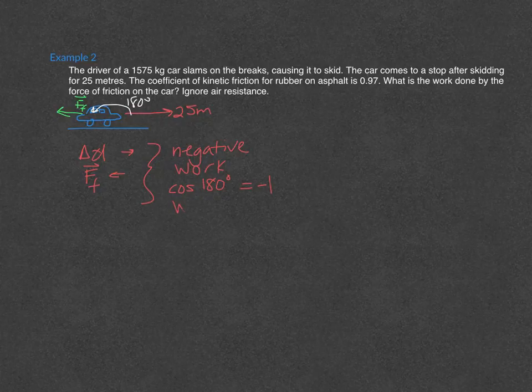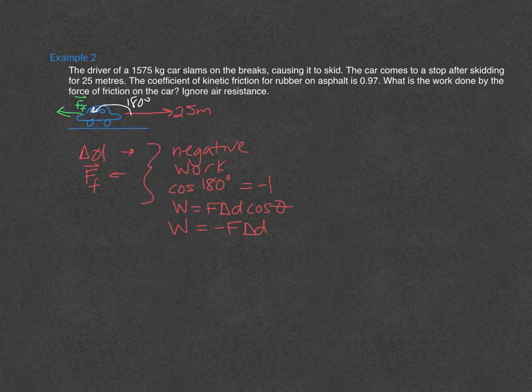So when we do work is equal to force times displacement times cos theta, that's going to give us negative force times displacement. But we do need to know what our force and our displacement are. We know what our displacement is. It's 25 meters. But we don't know what the force of friction is.